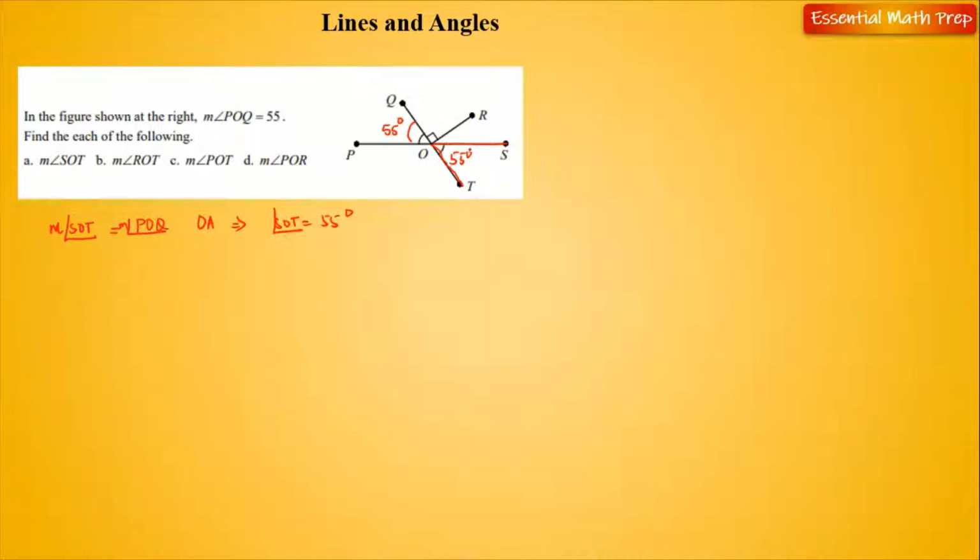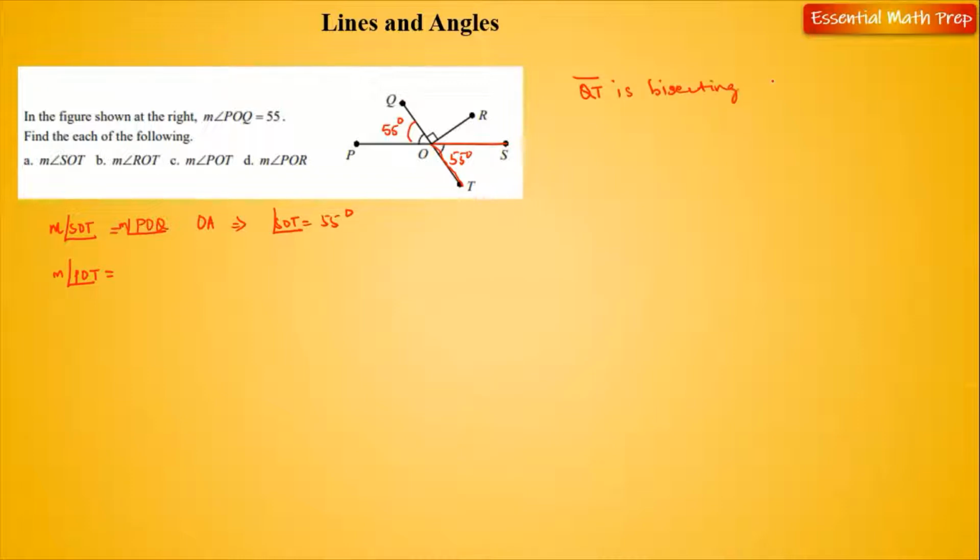So let's look at angle POT. Now again, even though angle POT is choice C, you can go in any order, and you can change your course of action to determine the rest of the angles. If you notice, line QT is bisecting line POS.